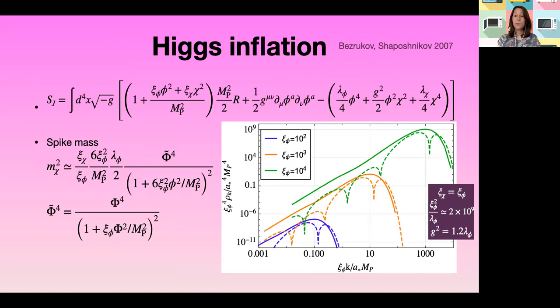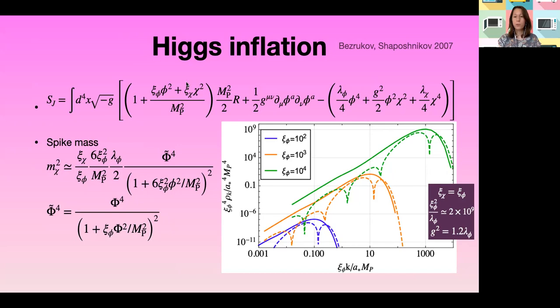The second example is Higgs inflation. I'm showing here the action in the Jordan frame. Actually, it's a little bit modified from Higgs inflation because I'm only taking one Goldstone mode, chi, and I take the non-minimal coupling of the phi field, which is the Higgs field, the inflaton, and the chi field to be not necessarily the same, which is a slight generalization of Higgs inflation.